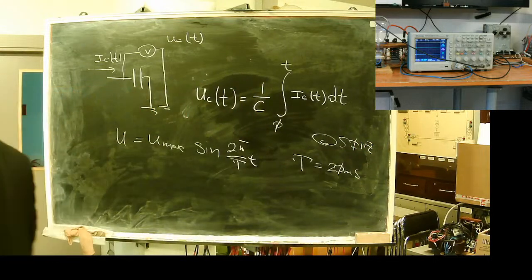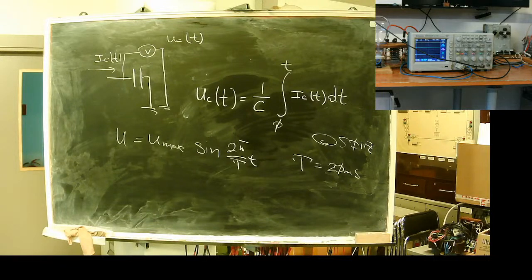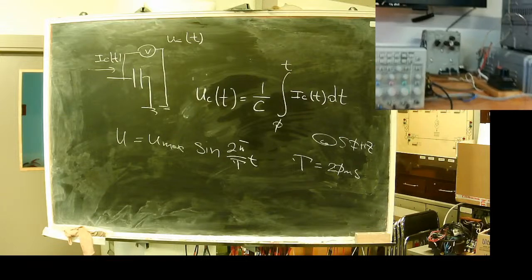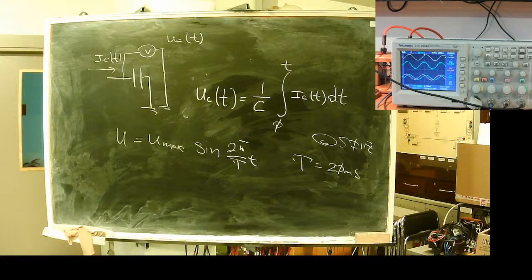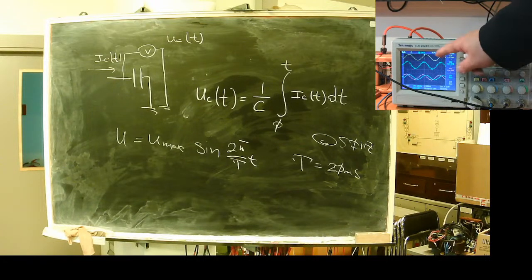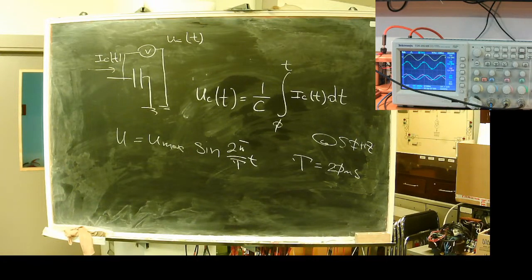Say we have, do we have it? You can go close. And the yellow line looks quite like a sine.